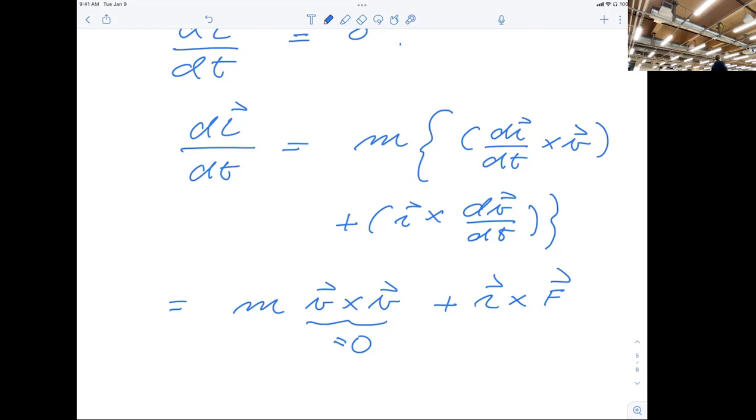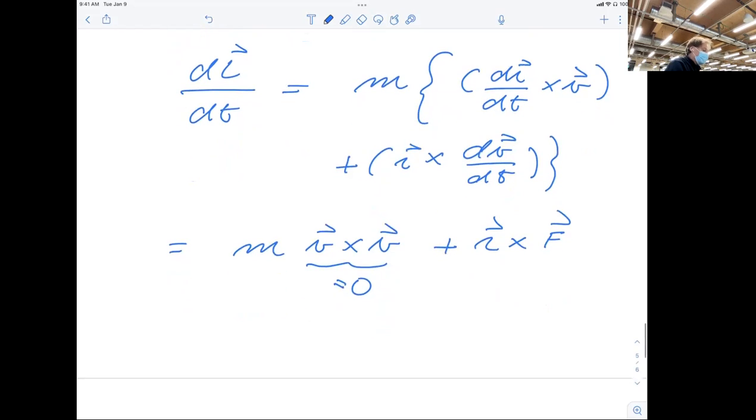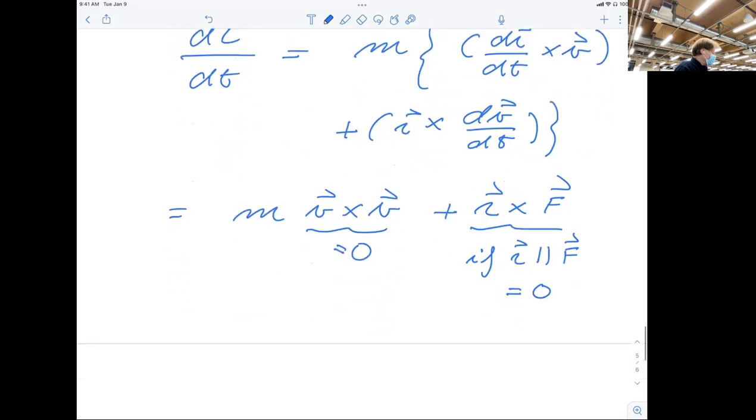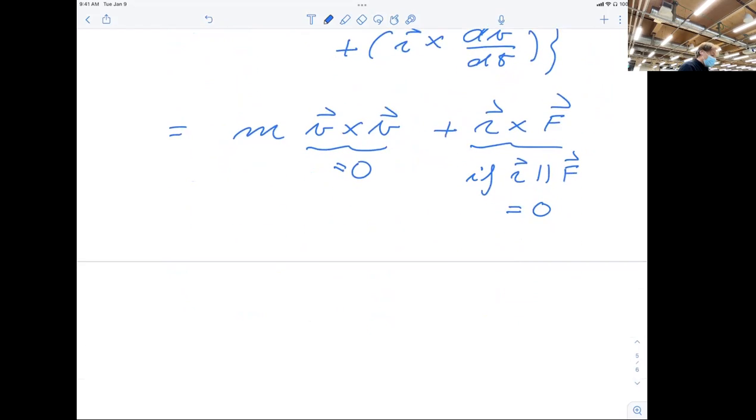So let's look at that. So here, what we can say now is that if r is parallel to F, that means it's just a constant times r, then this is equal to 0 as well. And then we would have conservation. So if not, then the system has a specific torque.